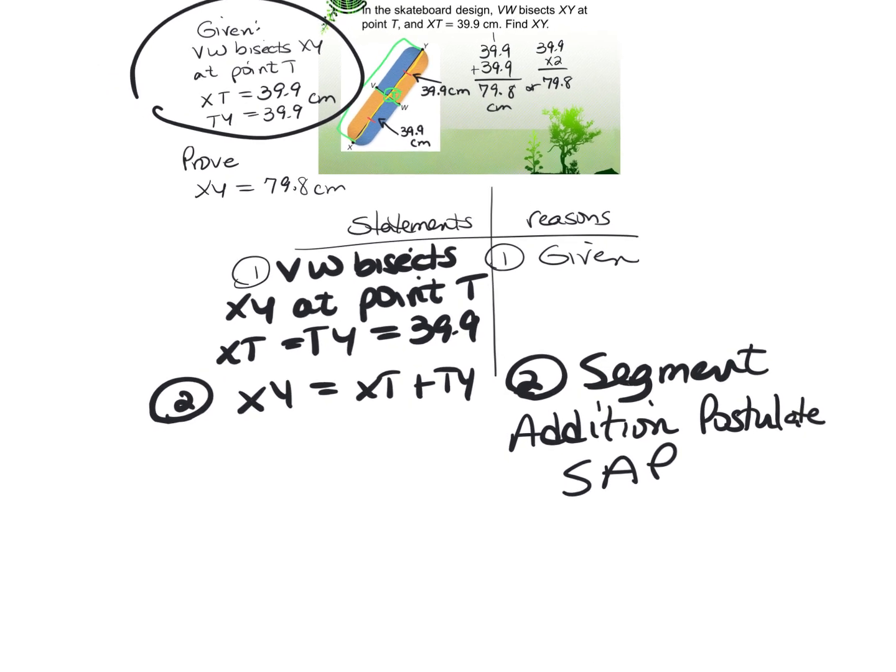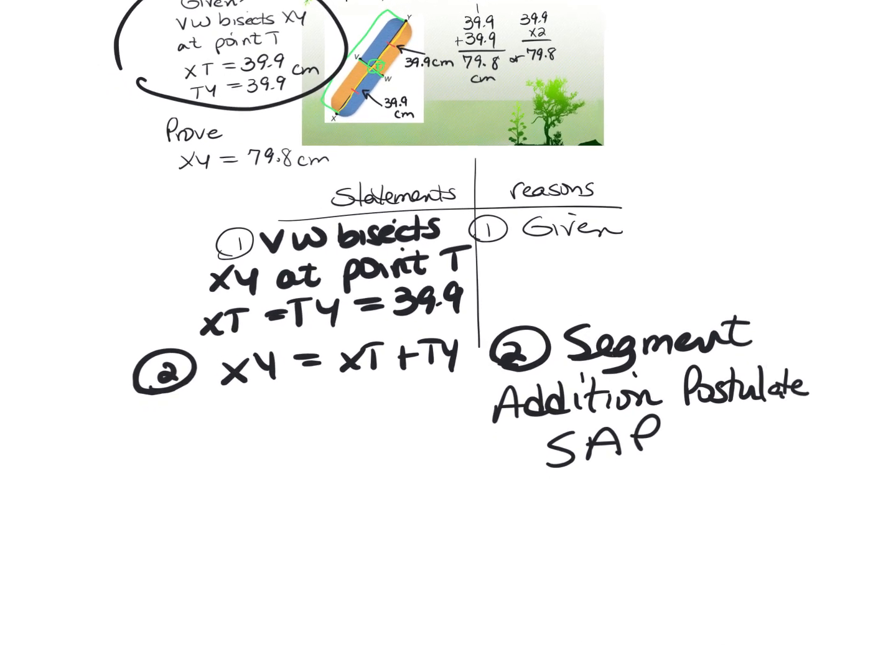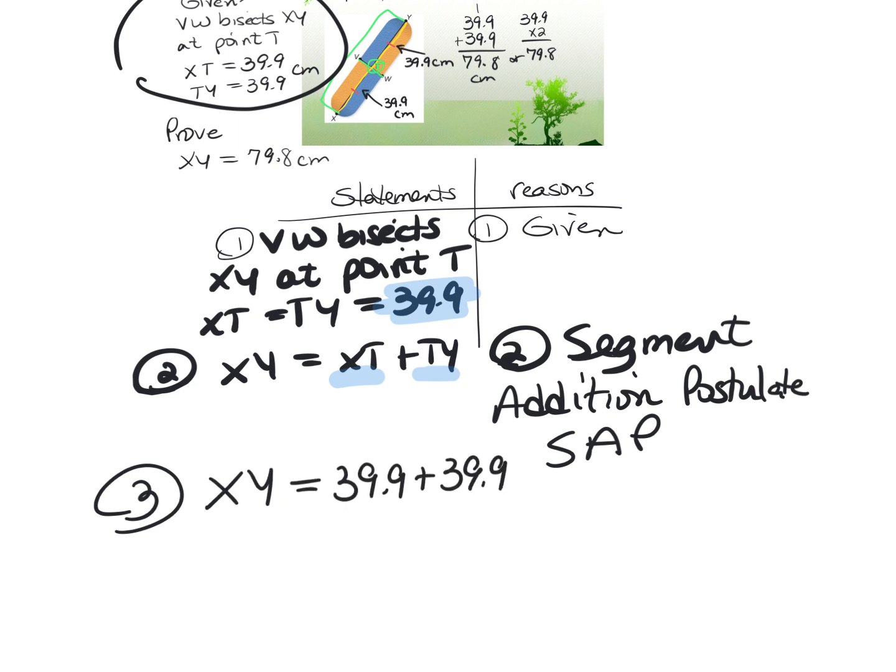The next thing I need to do is substitute that given, and I'm going to replace both the TY and the XT with what it equals. So I'm going to show that XY is equal to 39.9 plus 39.9. And that reason is substitution.